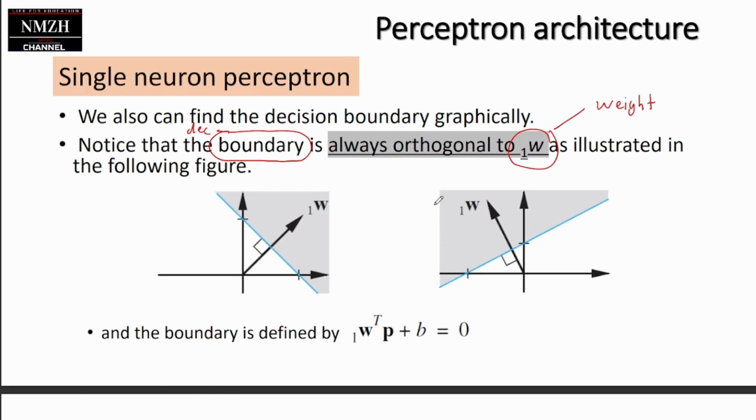So as illustrated here, this is the weight. So orthogonal means this line and obviously this line. Okay, so the weight is here, the decision line is here. So then this boundary line is basically W^T p = -b, guys.